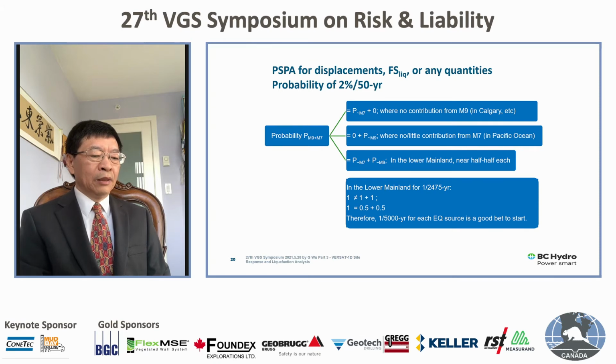That means for 1 in 2475 years probability, you should use 1 in 5,000 years for the subduction interface and 1 in 5,000 years for the non-interface. So that is the first part of my presentation.